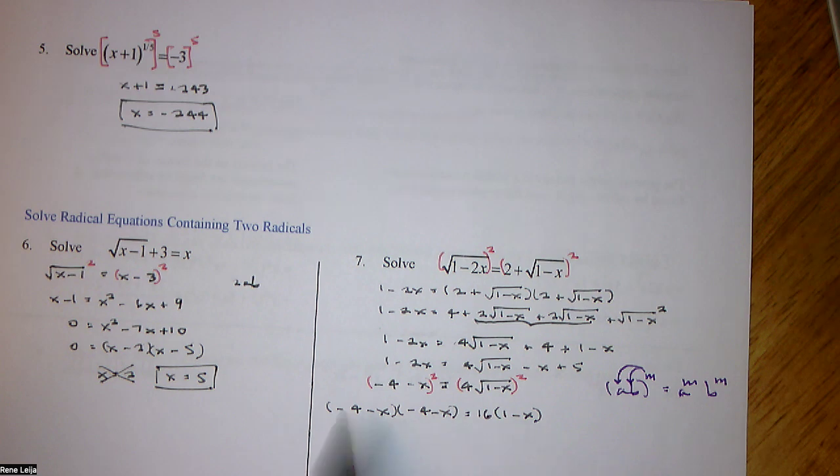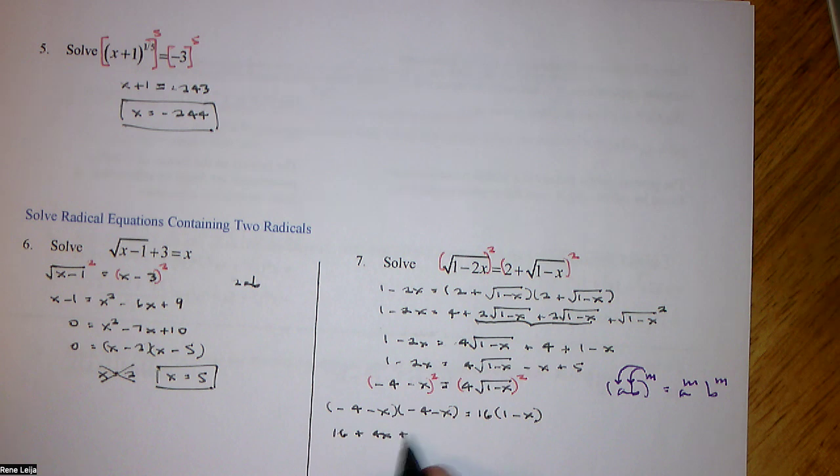But let's clean up the right side. So FOIL, first times first, minus 4 times minus 4 is a positive 16. Outer, minus 4 times a minus x is a plus 4x. Inner, minus x times minus 4 is a plus 4x. Last, minus x times minus x is a plus x squared. Then we distribute.